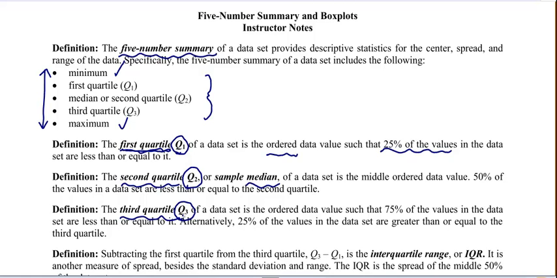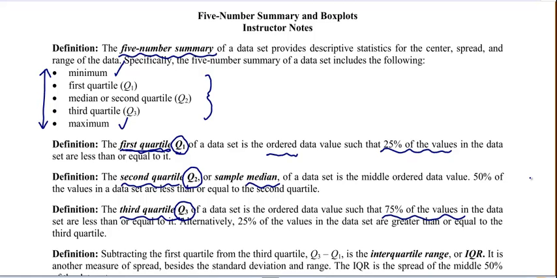Once the data is ordered, Q3 is that value such that 75% of the values in the data set are less than or equal to it, and 25% are greater than or equal to it. So there are the quartiles. They're points that are splitting the data set into quarters.